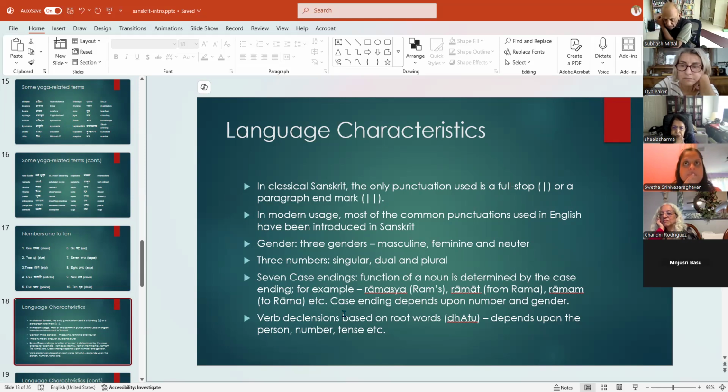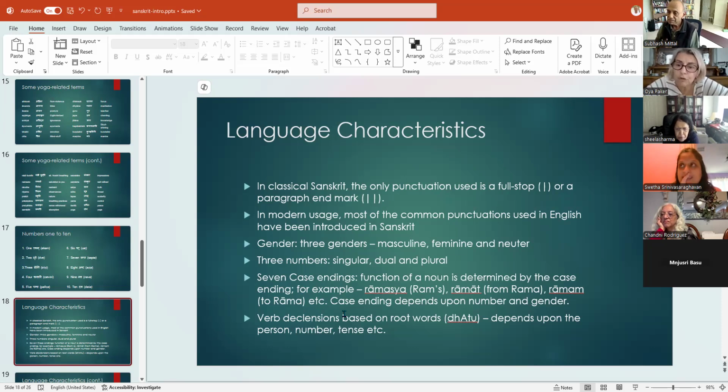It's the same, like, sa gachati. She goes, sa is she. If I say she goes, sa gachati, and if he goes, sah gachati. Gachati doesn't change. But what is giving us the clue is the first word, sah or sa.